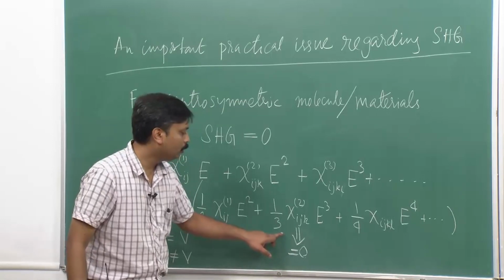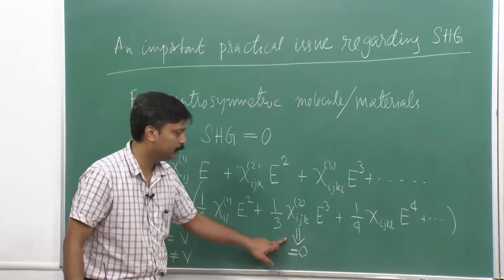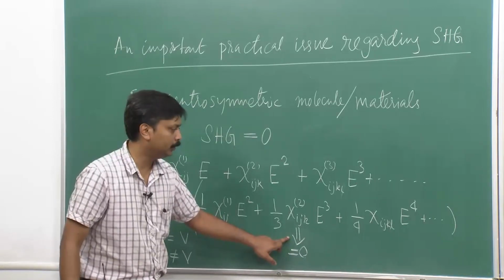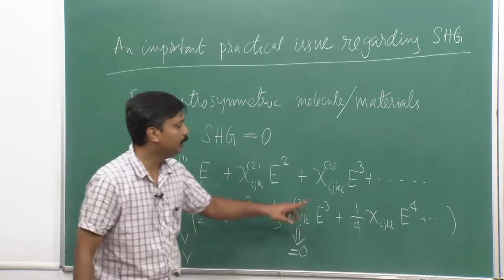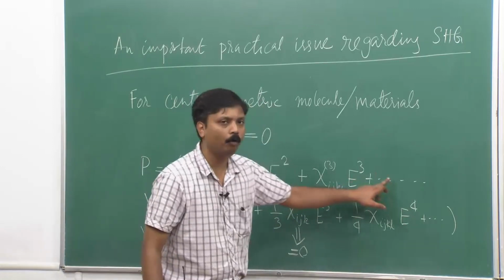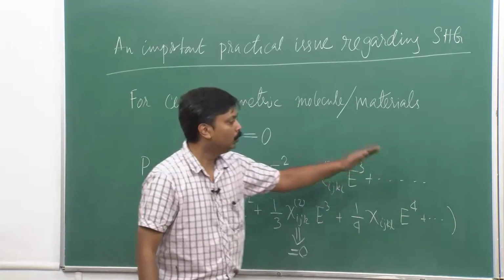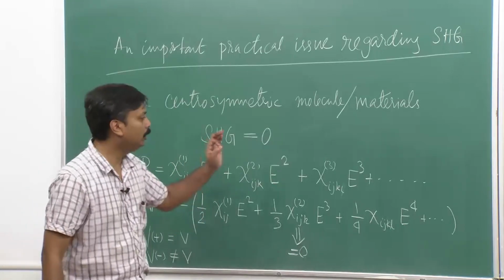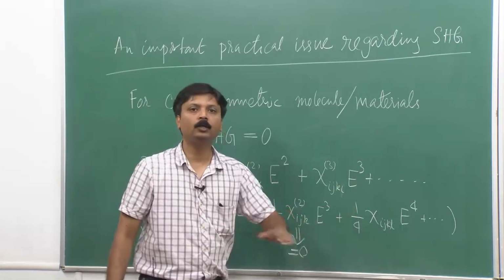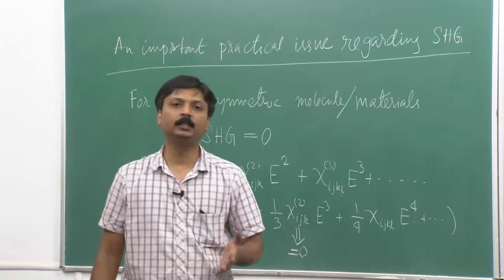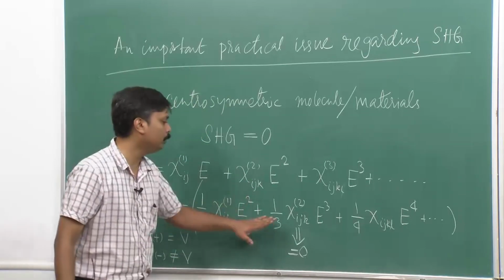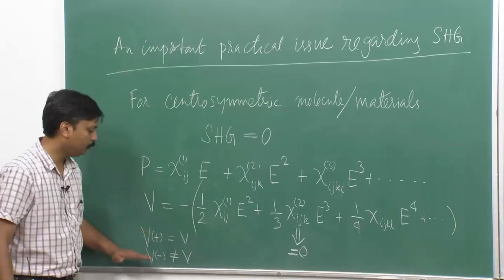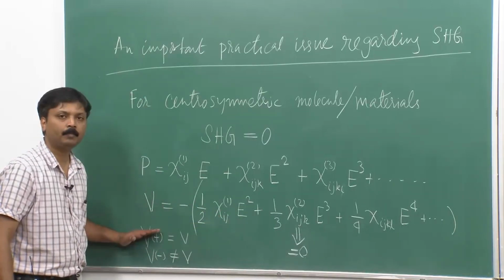I talked about only the second order process, but it is valid for any even order process. So, if I consider the next even order process, that is E4 or E6, those susceptibilities connected to those even order E terms should vanish for a centrosymmetric molecule in order to avoid the violation.